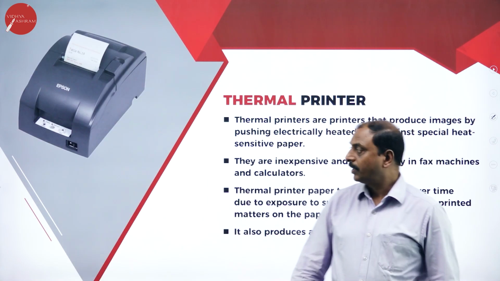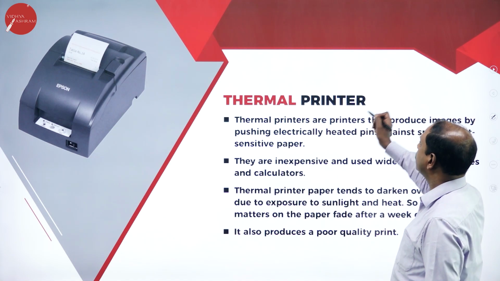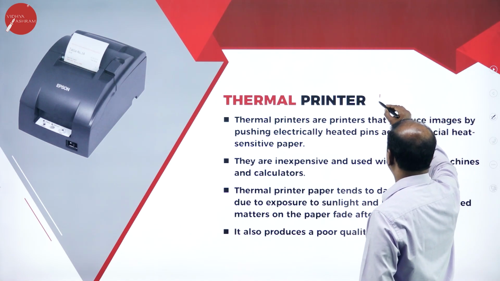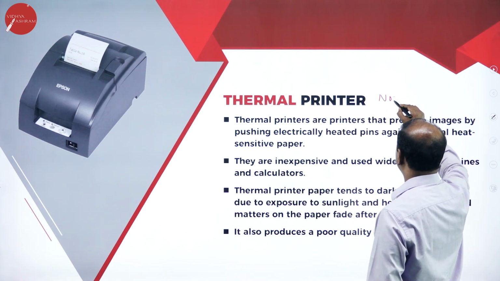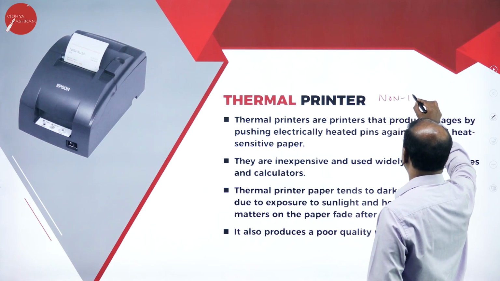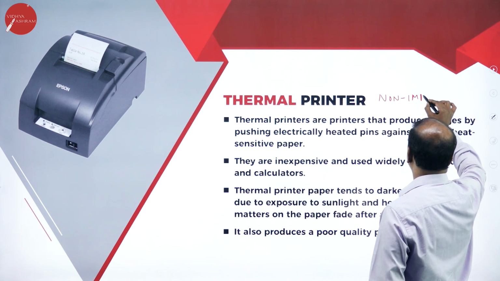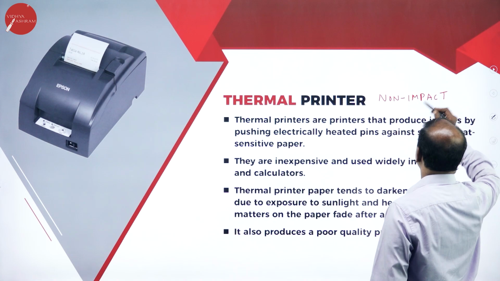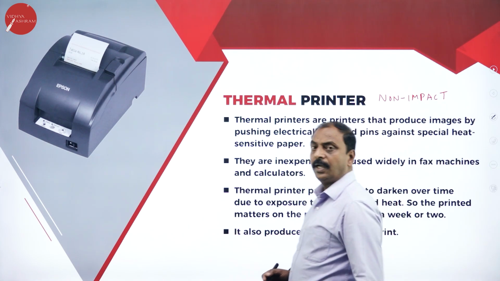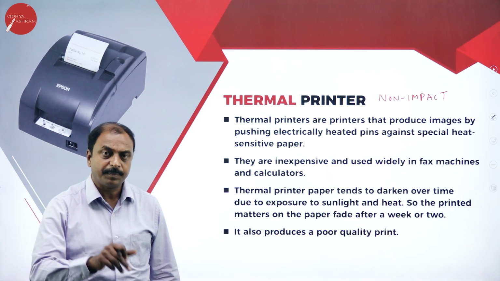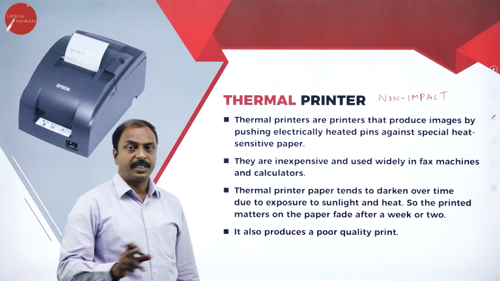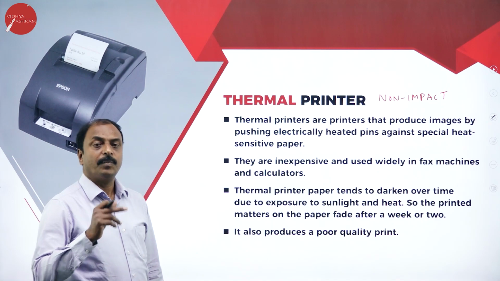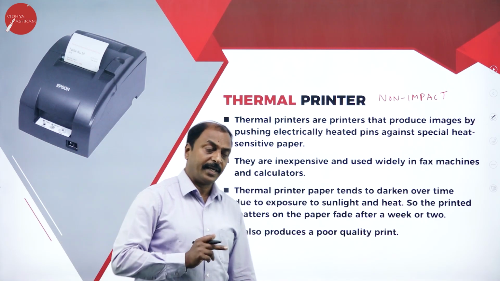Now let us move on to another type of printer. This is the thermal printer. These thermal printers belong to non-impact printers. As per the definition, in non-impact printers there is no striking device. They use print cartridges with black and white and color ink.